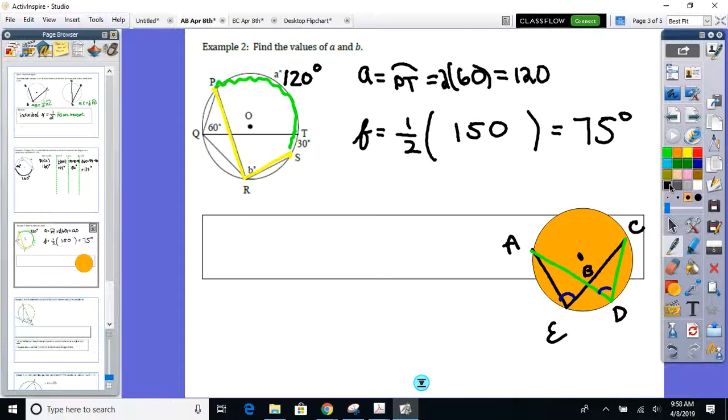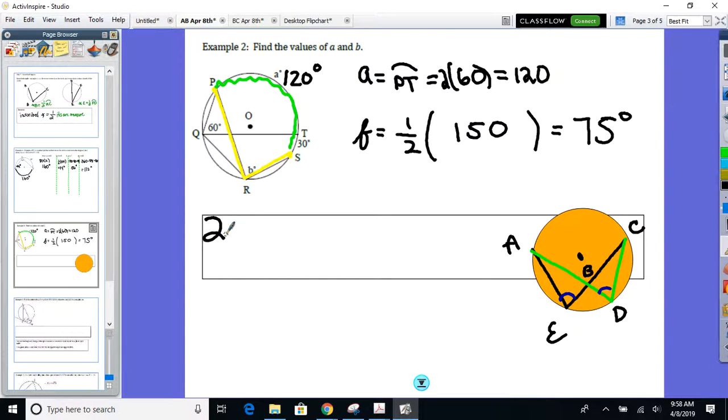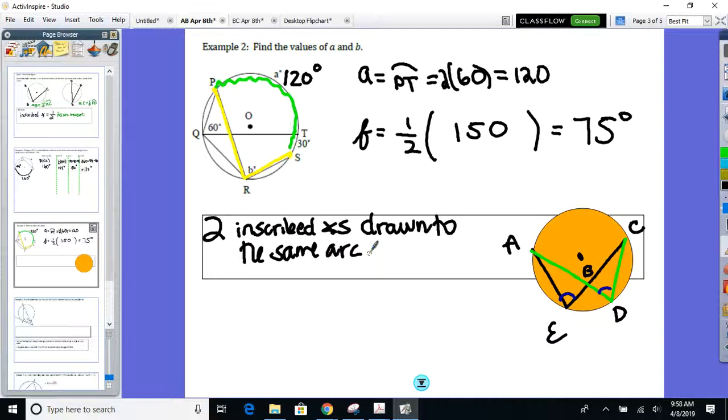Here's what we're going to start writing in the reasons column of your proof. What type of angles are they? Two inscribed angles. Where are they drawn to? Two inscribed angles drawn to the same arc. And what did you just find out about them?